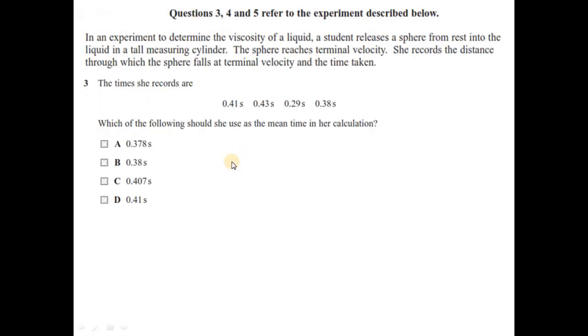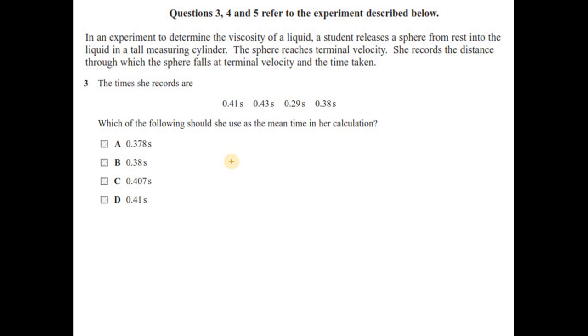Question 3, 4 and 5 refer to the experiment described below. In an experiment to determine the viscosity of a liquid, a student releases a sphere from rest into the liquid in a tall measuring cylinder. The sphere reaches terminal velocity.